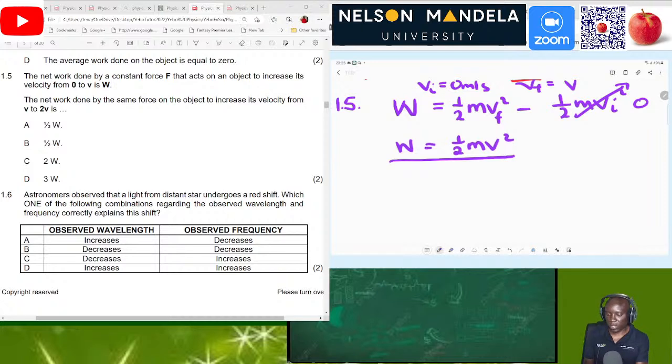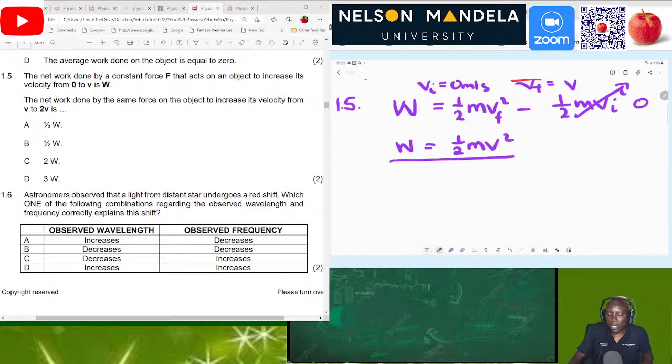So this is half m (2v) squared minus half m v squared, which is equal to 3 times half mv squared, where half mv squared is W. So this new work done by the force in changing the velocity from v to 2v will be equal to 3W.